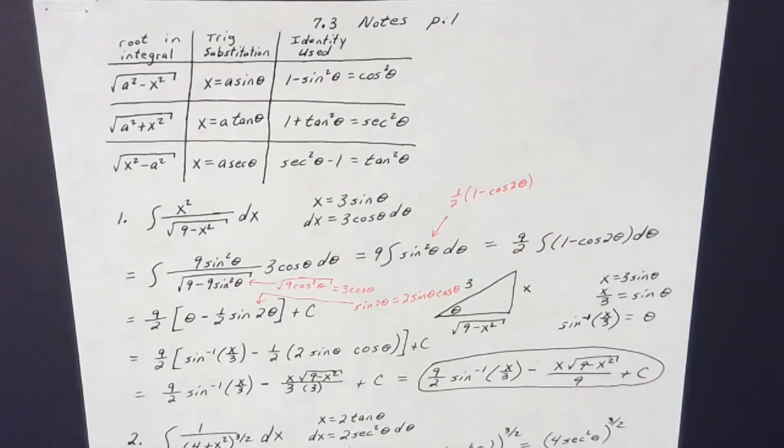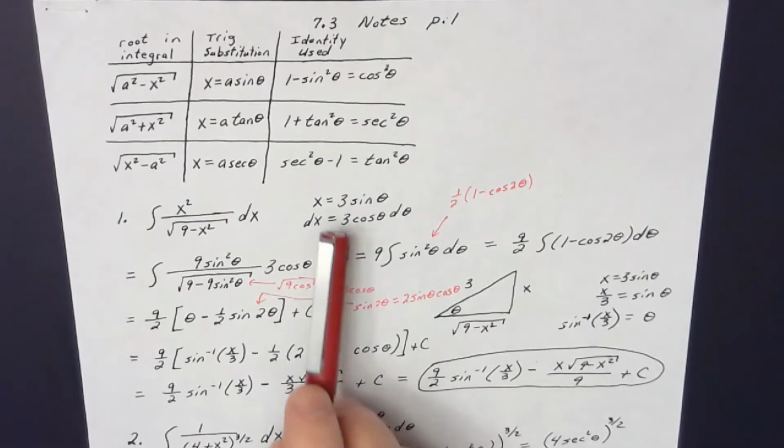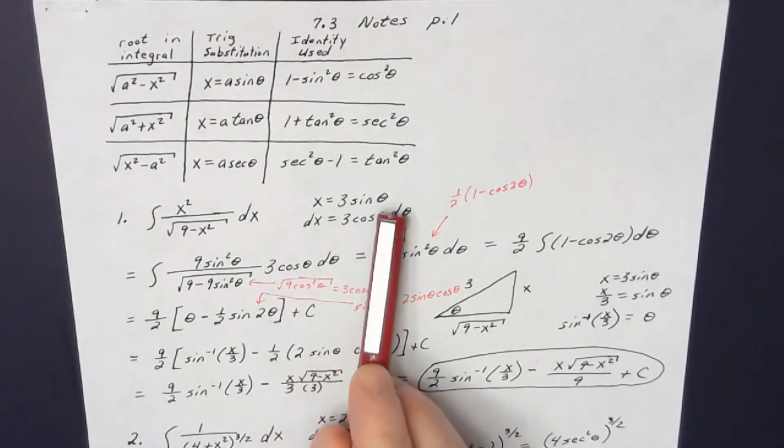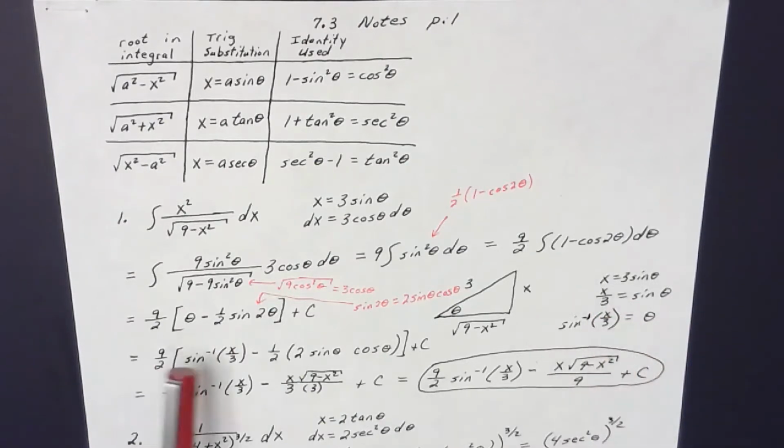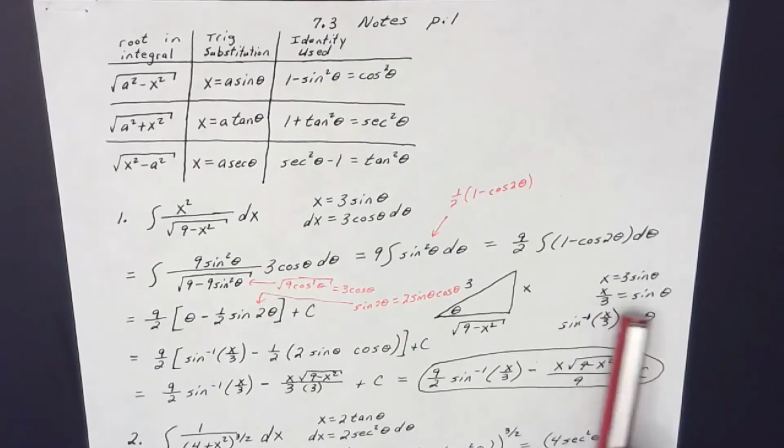Okay, so now notice what happened. We know in our original problem x is equal to 3 sine theta. So we know that the sine of theta can be called x over 3. Well, if I'm trying to solve for theta, then theta is just when we take the inverse sine of both sides, and theta would be the inverse sine of x over 3.